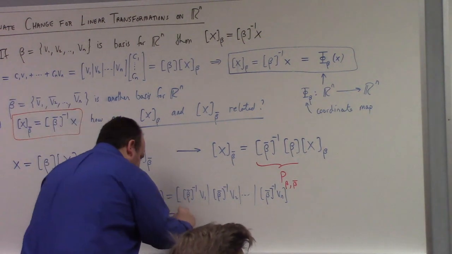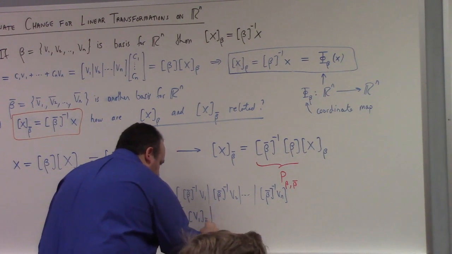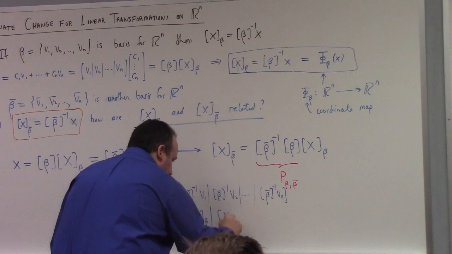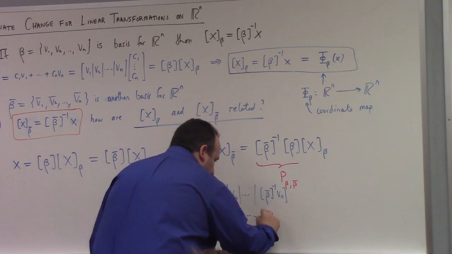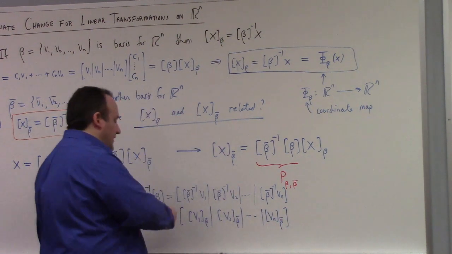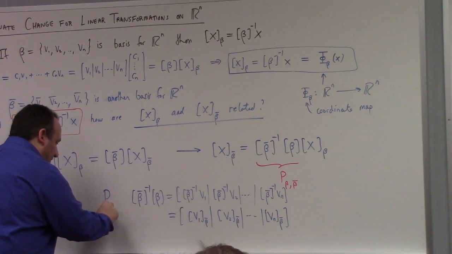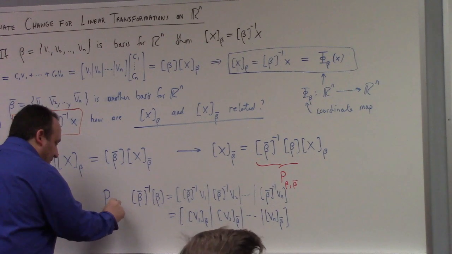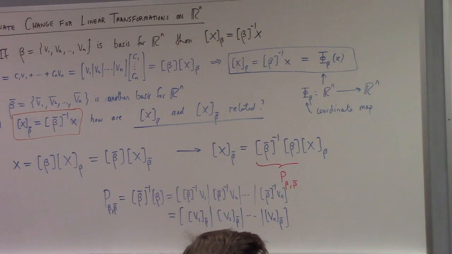So this is exactly the coordinate vector of V1 in the beta bar system, of V2, and of Vn in the beta bar system. In other words, the change of basis matrix is formed by finding the coordinate vectors of the old basis with respect to the new basis. That's what the coordinate change matrix is.